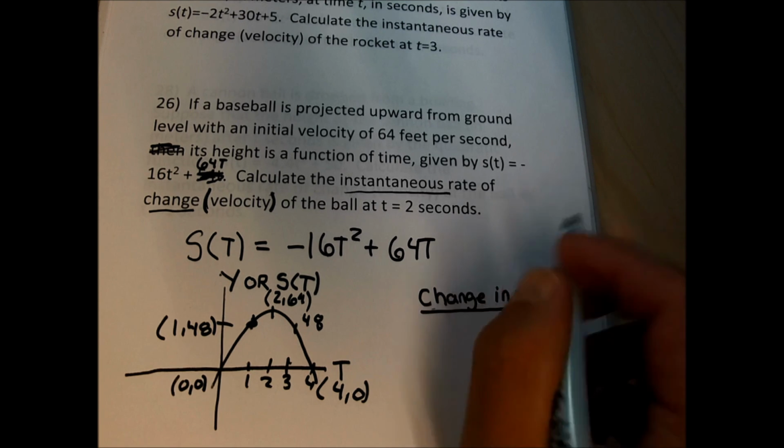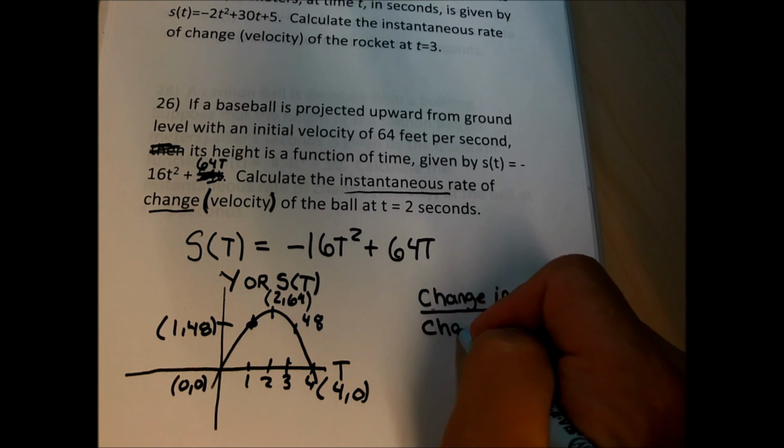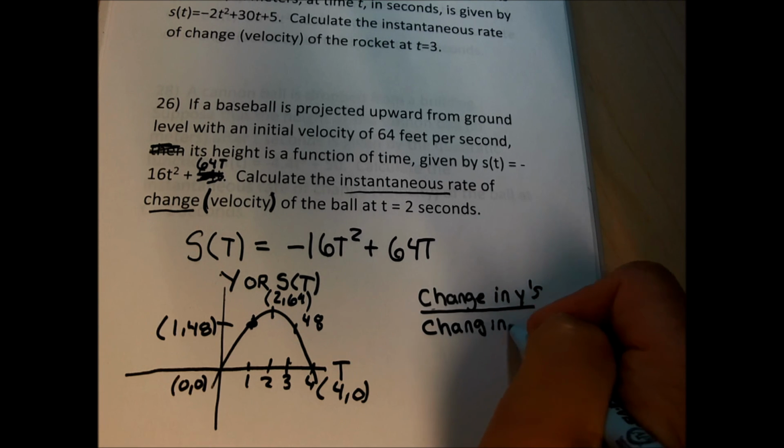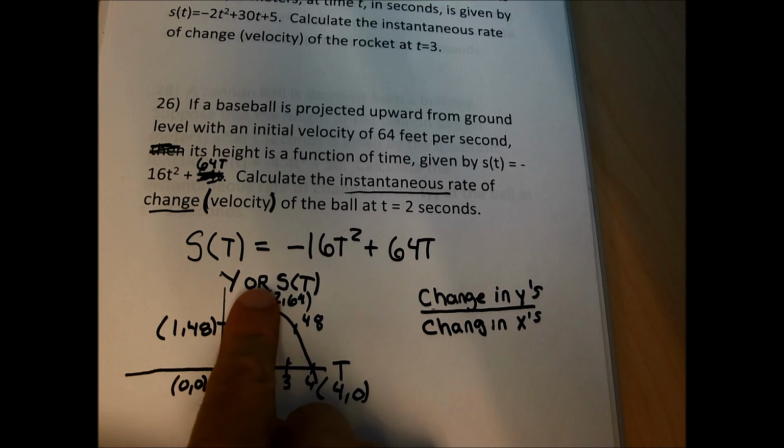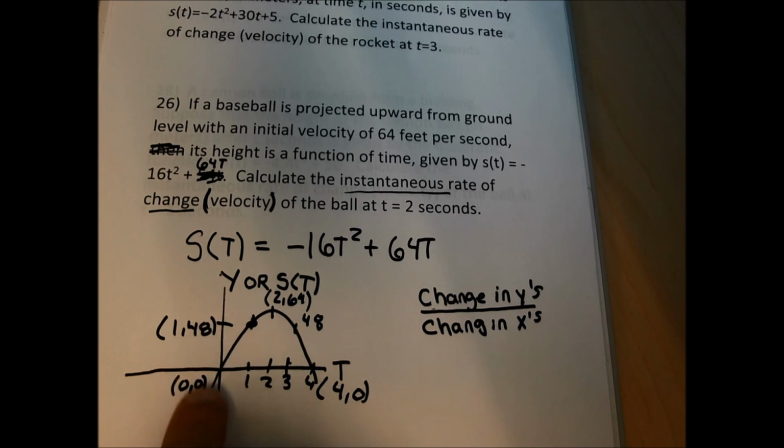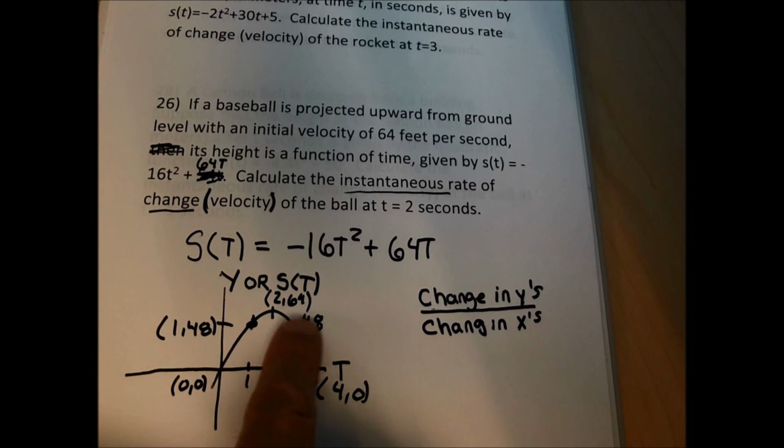And in the denominator, I'm going to subtract the x's, and it's going to be the change in the x's. And if I'm not looking at numbers and I'm just looking at units, the y is going to be the height, like at 0 feet, 48 feet, 64 feet, 48 feet.